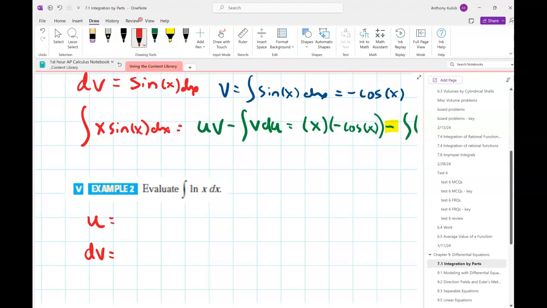So I have two things here, right? I have natural log x and I have dx. Which one has to be the u? Natural log x, because I can't take the derivative of dx, right? What the heck does that mean? I don't know. That means that dv is just going to be dx.